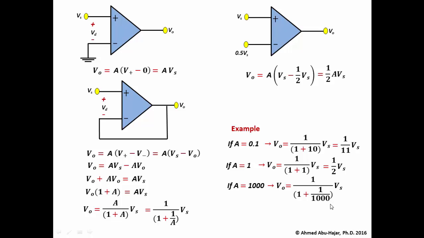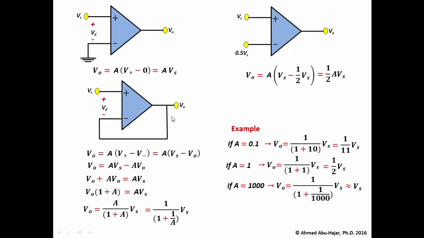Then V out will equal 1 over (1 plus 1 over 1,000) times Vs, which is basically roughly 1 over 1.001 times Vs, which can be approximated to be Vs. The conclusion here is that if A is very large, then V out is roughly going to equal Vs.